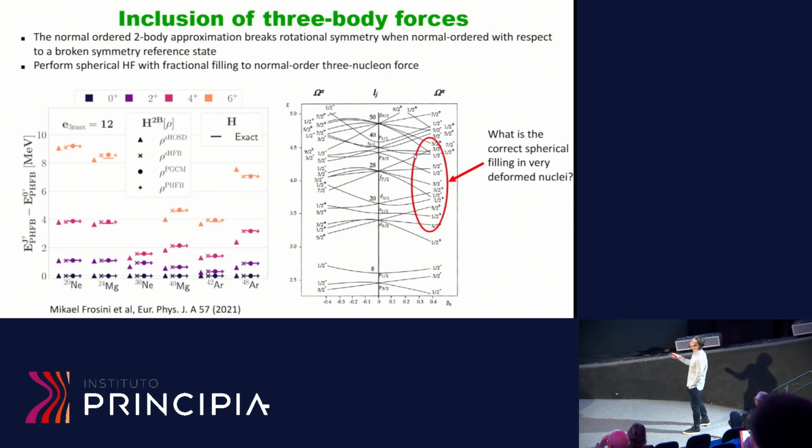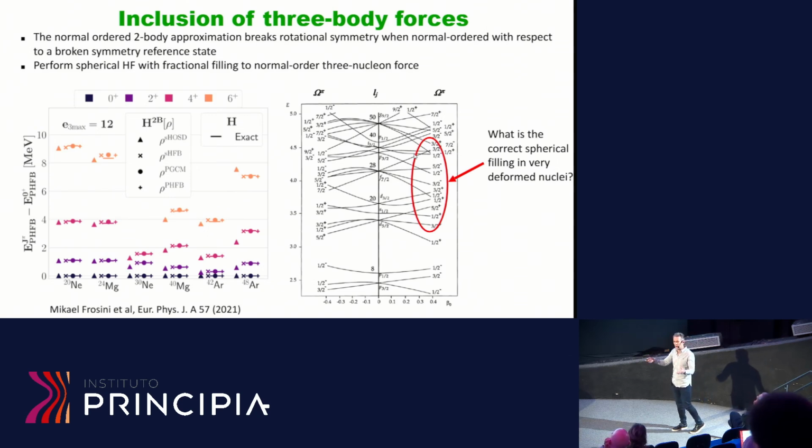So the way that they solved this problem was to basically first do a fractional filling in a spherical scheme, where the orbits closest to the Fermi surface are still treated within a spherical scheme, but we have a fractional occupation number for the orbits closest to the Fermi surface.